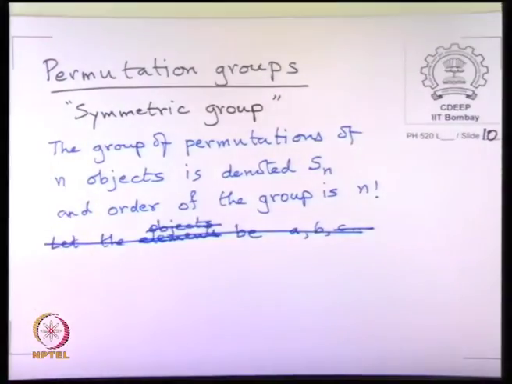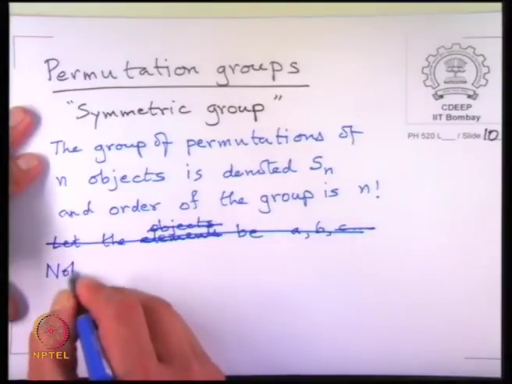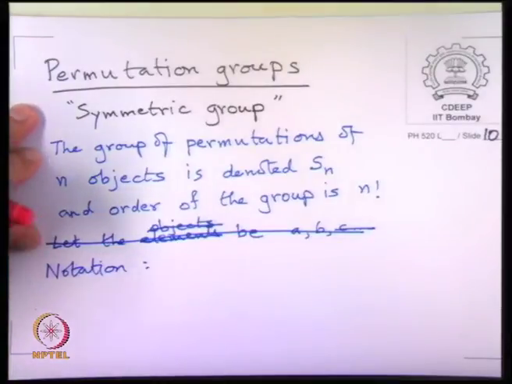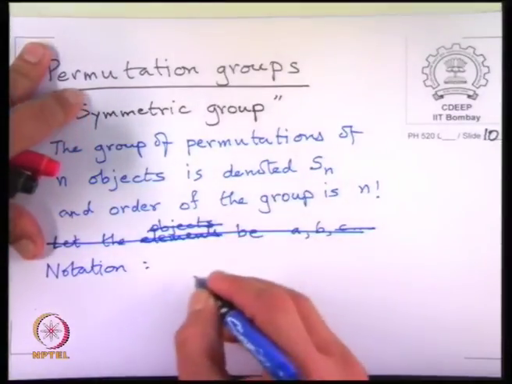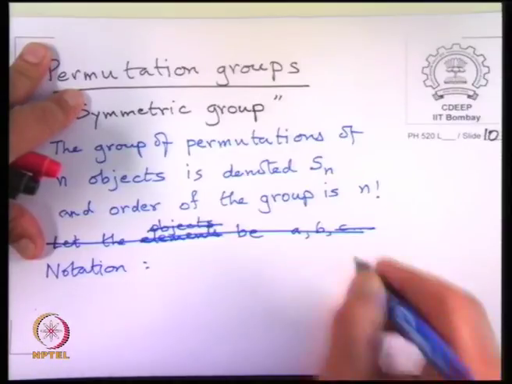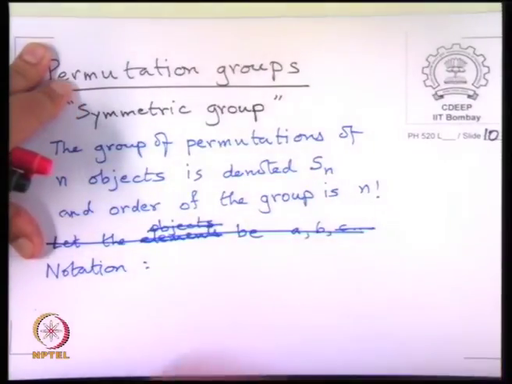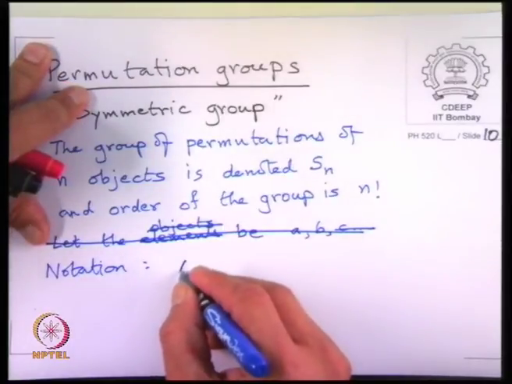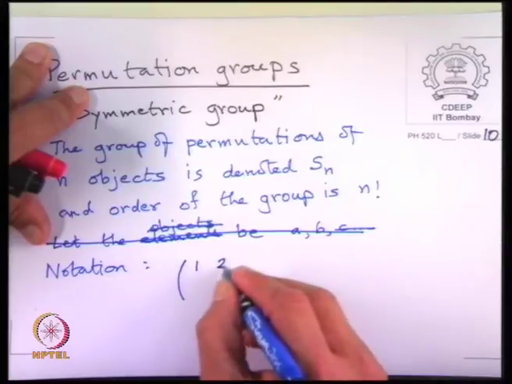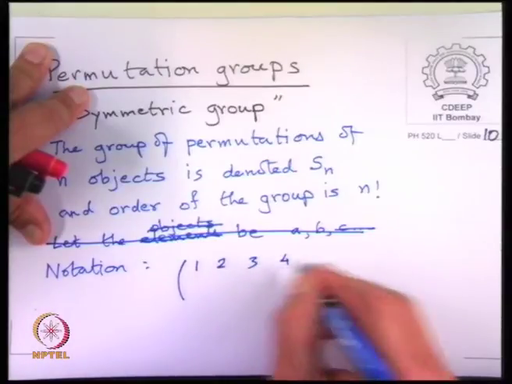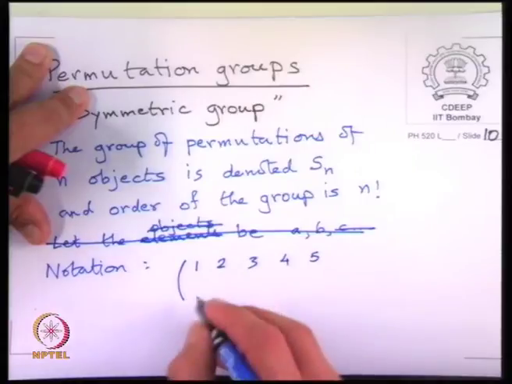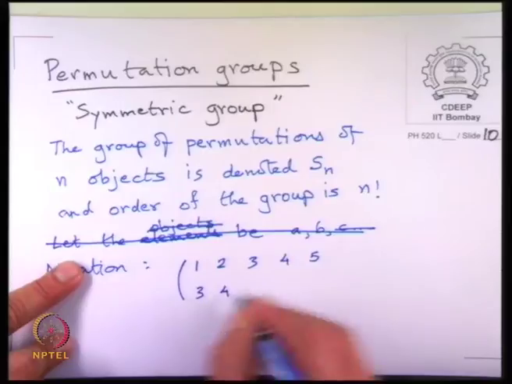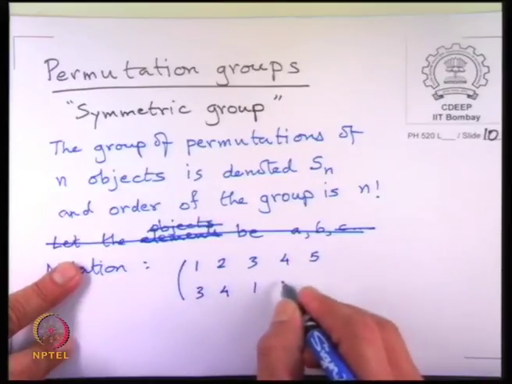So, the notation we have, instead of A, B, C, we will just write 1, 2, 3, 4, that is the difference. And I will tell you the reason, because I want to reserve the small letters A, B, C for group elements. So we write something like 1, 2, 3, 4, and we have not gone to 5 so far, and then some configuration that it goes into.